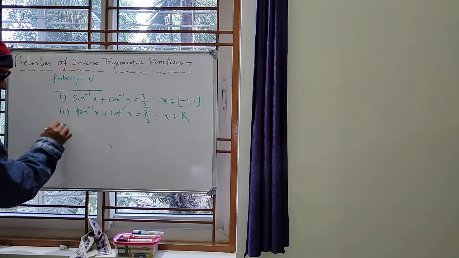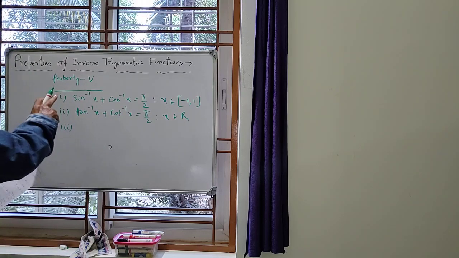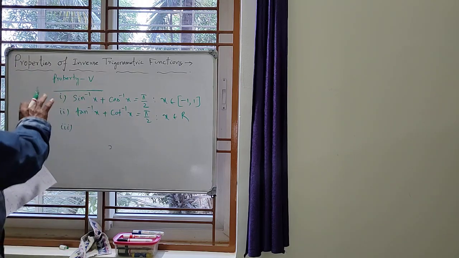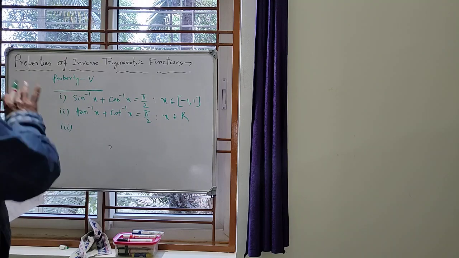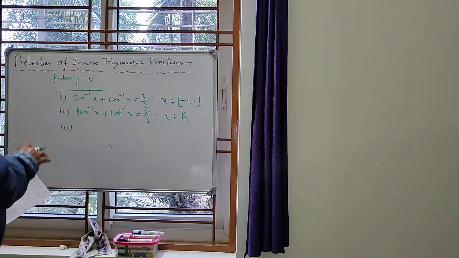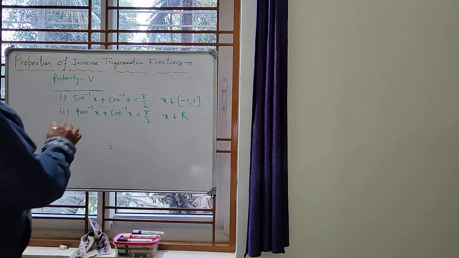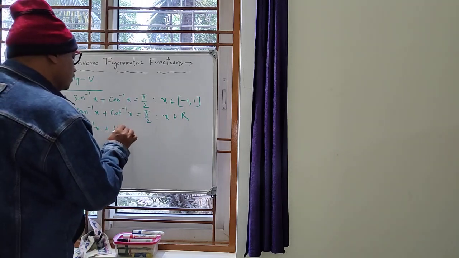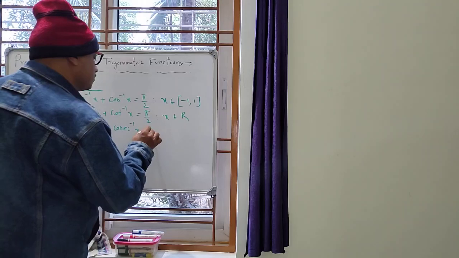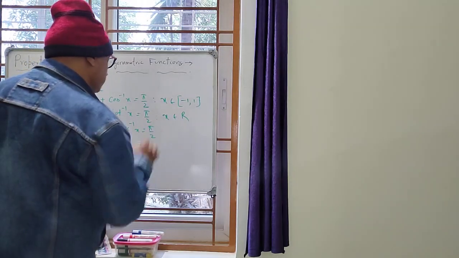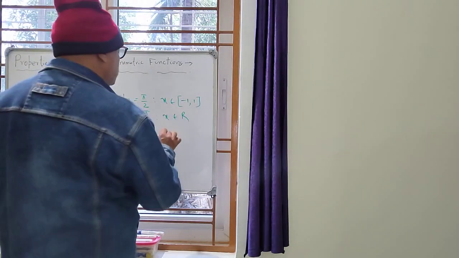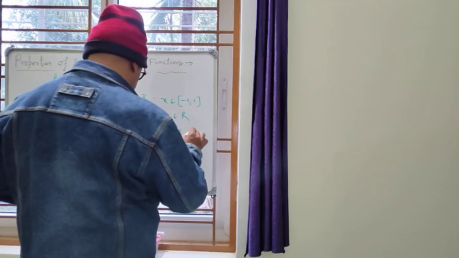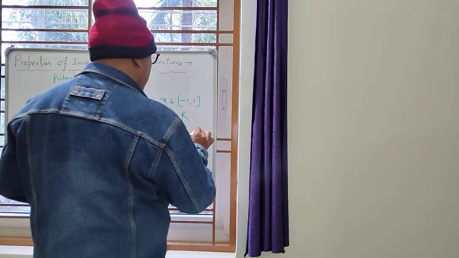First one, sin inverse cos inverse. Second one, tan inverse cot inverse. Third one, sec inverse cosec inverse: sec inverse x plus cosec inverse x equals pi by 2, for all x belongs to R minus the open interval (-1, 1).